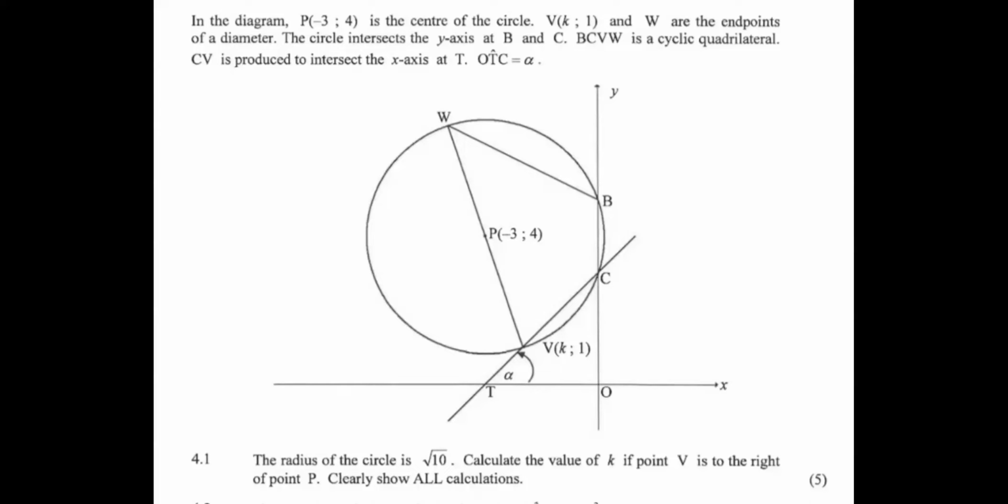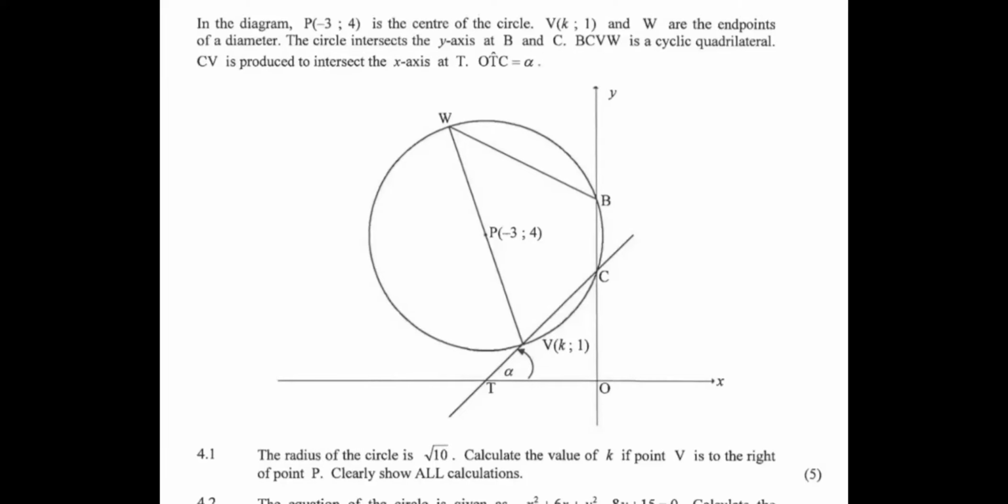Using the information given, what ideas or suggestions do you have to come up with a way to solve the value of k? I would use the distance formula. The distance formula, correct.